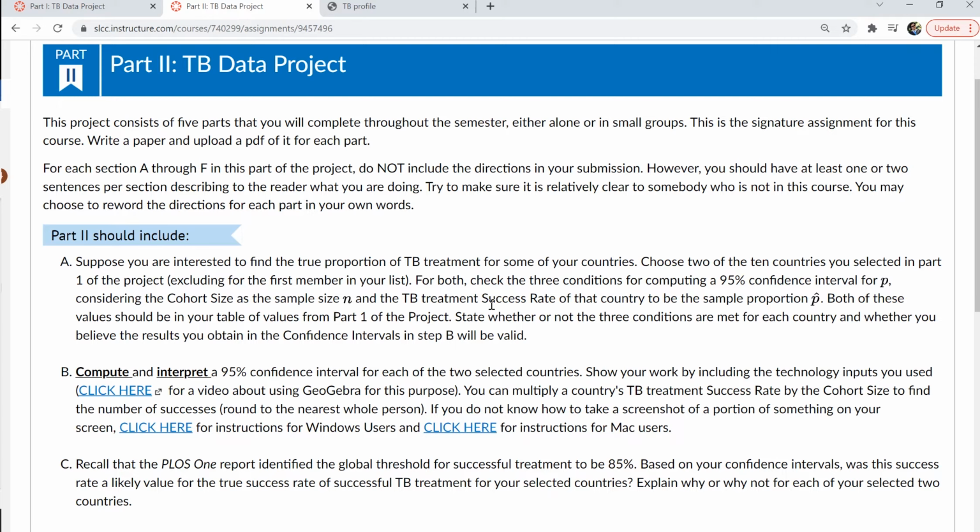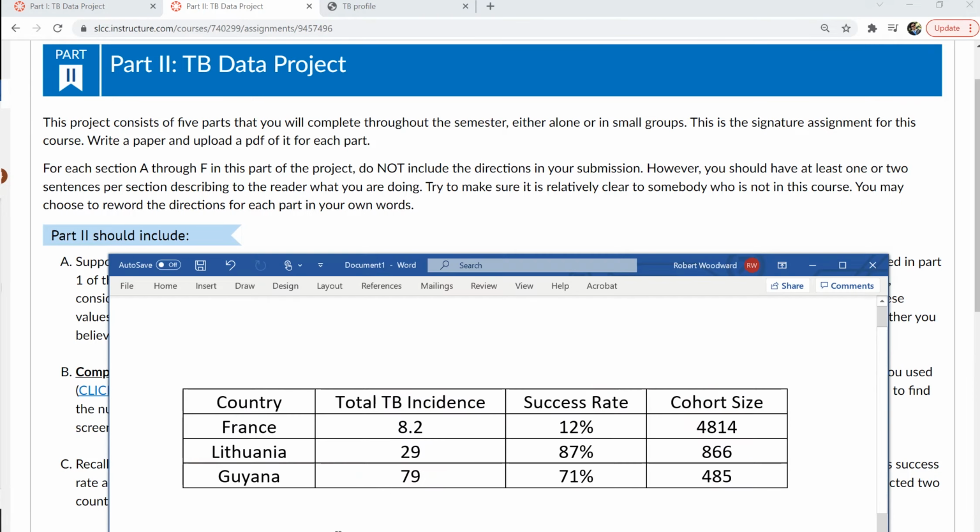In order to verify both independence and successes and failures, we ask that you use the cohort size as a sample size n, and you can use the sample proportion as the success rate, both of which you should have already reported in part 1 of the project. For example, here I have 3 countries listed.